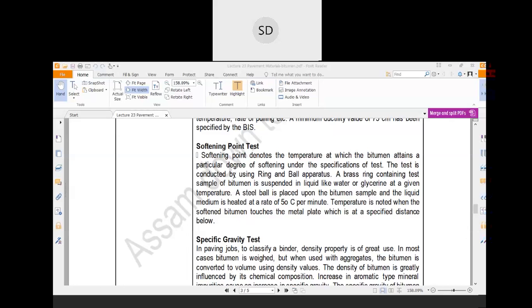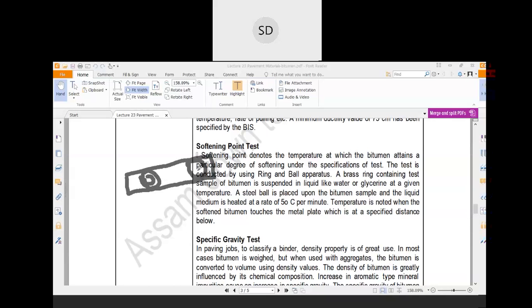This softening point test is often called the ring and ball test because there would be one metal plate, some ring would be there, and over the ring you will place some ball. Therefore, this test is called the ring and ball test. Basically, there would be a metal plate, and in the metal plate, in both sides, there would be some hole, and over the hole you place one ring.